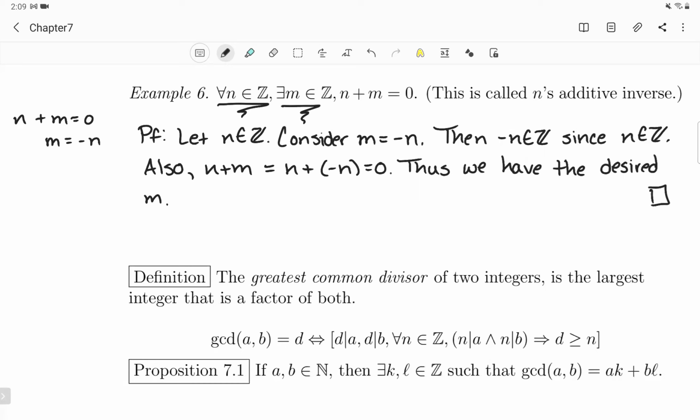Everyone see how n had to stay arbitrary, but m, I was allowed to pick an example because m was the there exists?